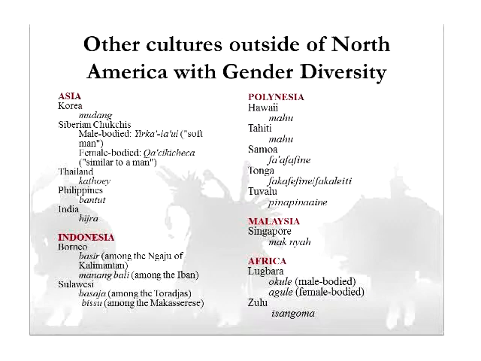So one afternoon, I spent about an hour, 2 hours pulling this slide together, and this is by no means complete. Although it has Polynesia, the Maori have a term that is similar to Two-Spirit people.